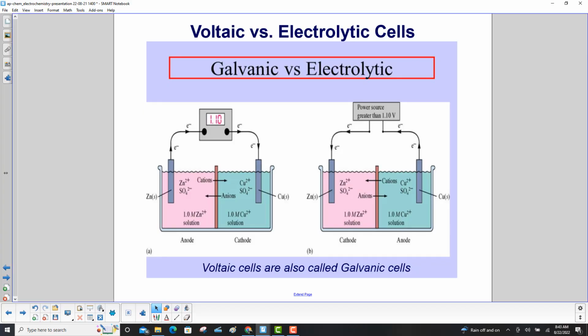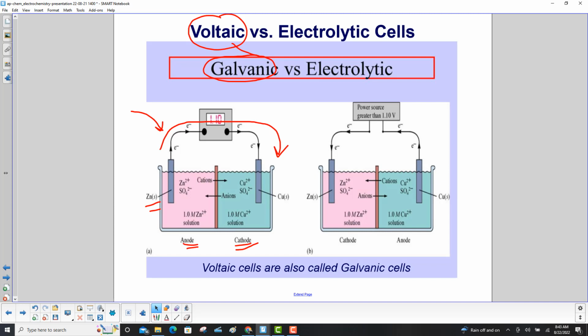Here's a side-by-side comparison of voltaic and electrolytic cells. And galvanic can also be used instead of voltaic. So, for our voltaic cell over here, we have electrons going this way, generating a voltage of 1.10 volts. Zinc is the anode because it's being oxidized. Cathode is the copper because it is being reduced.